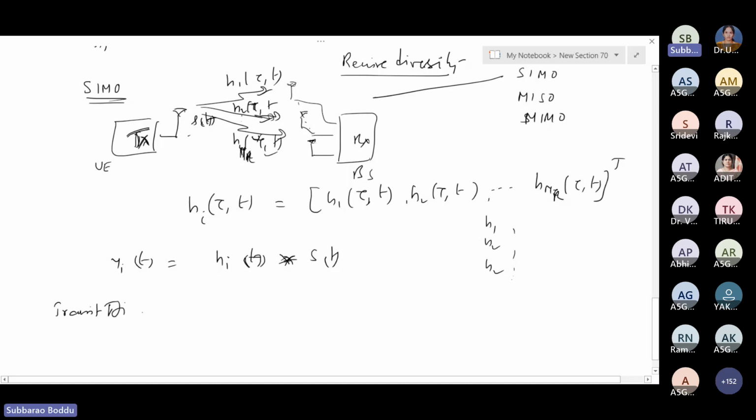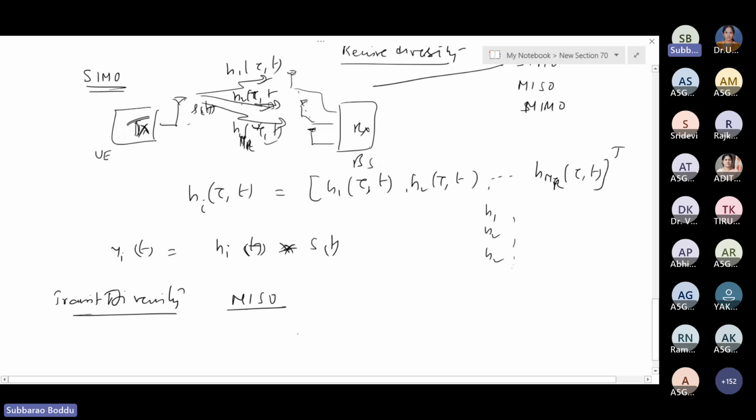The transmit diversity is the MISO, multiple input, single output, where you have your transmitter with many antennas like this, separated by a distance delta x, as we discussed already.